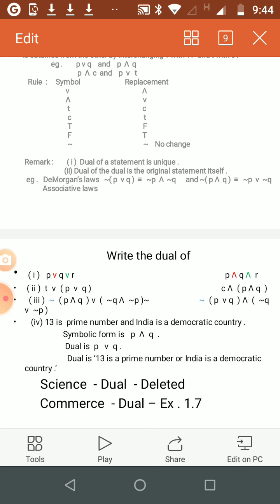Then again there is one more or inside the bracket, that is changed to and. So this is the dual. C and P and Q is the dual of the given statement.